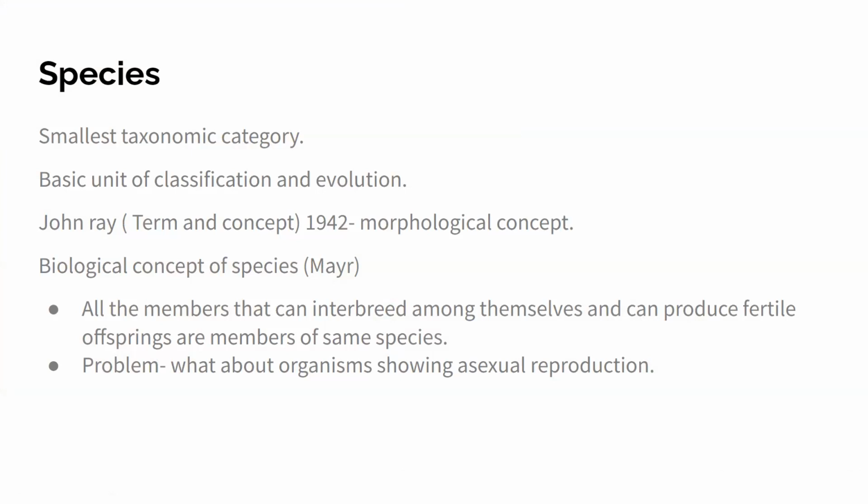John Gray. Biological concept of species, Ernst Mayr. मैंने notes में दिया था. ये है Ernst Mayr का definition: all the members that can interbreed among themselves and can produce fertile offspring, the members of the same species are called species.